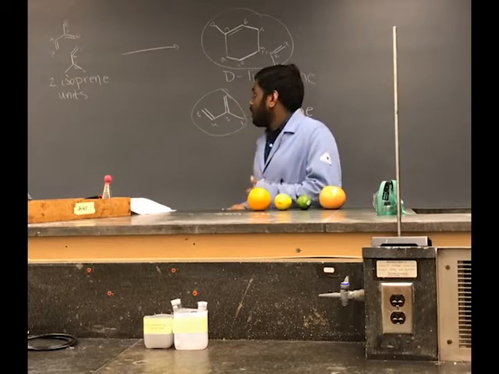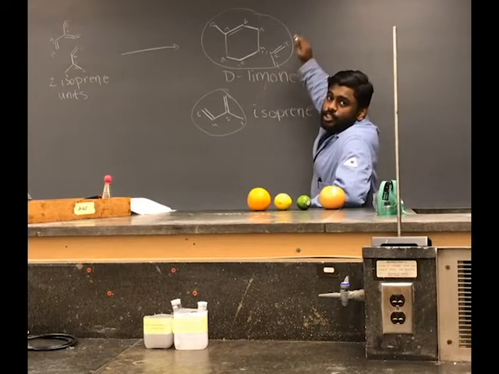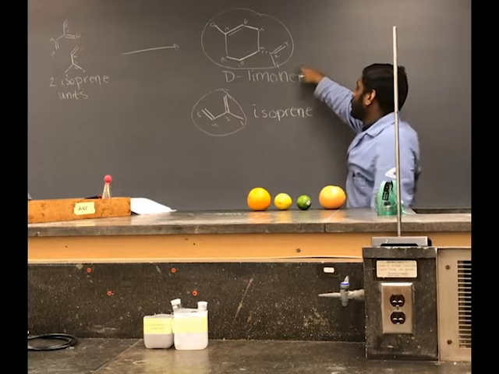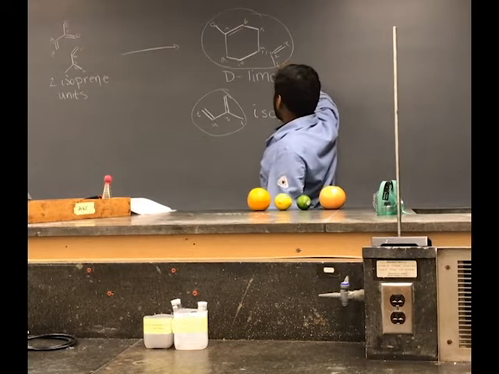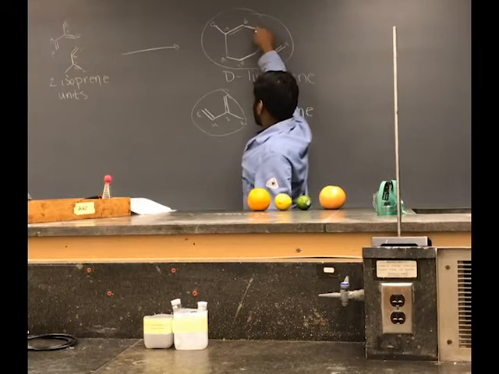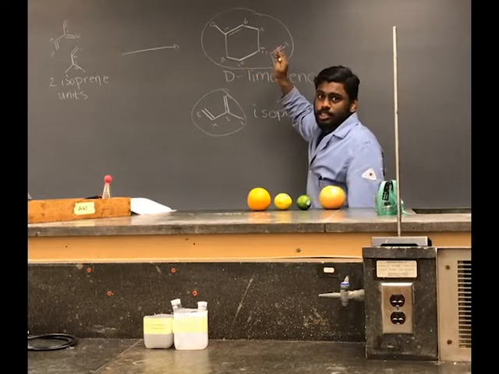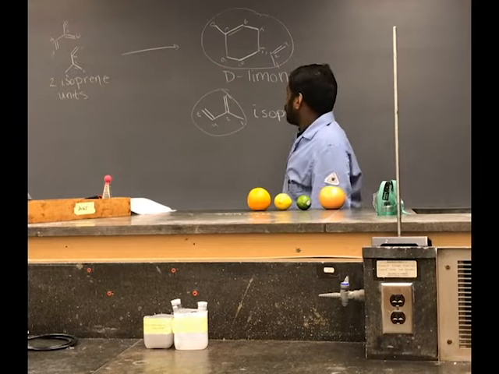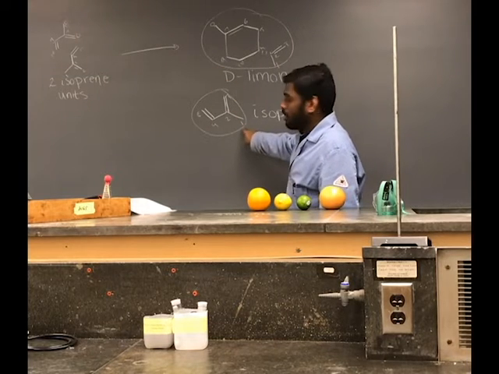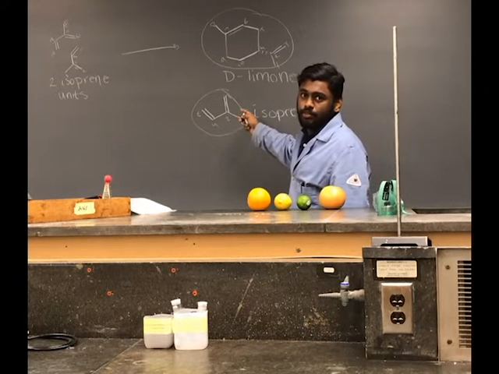isoprene units. Now if you look at the structure of D-limonene, again you can see that it has 1, 2, 3, 4, 5, 6, 7, 8, 9, 10. It has 10 carbons. And isoprene, as I said earlier, is a 5-carbon unit.